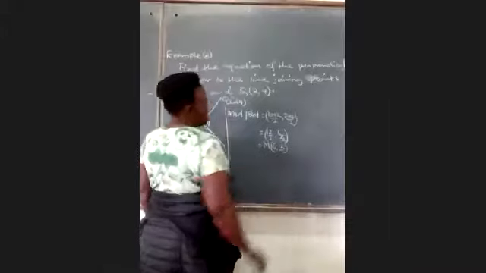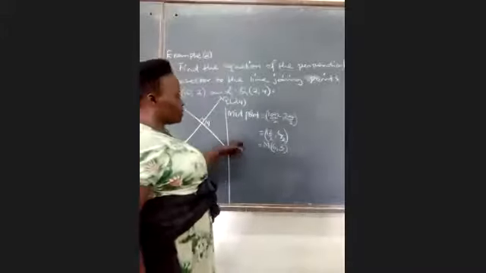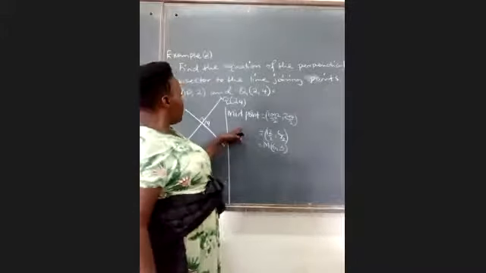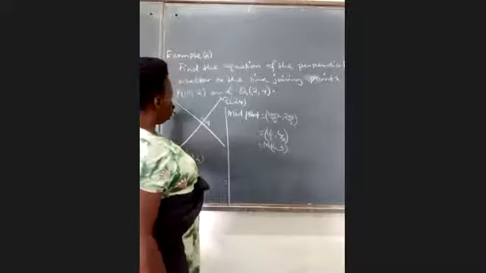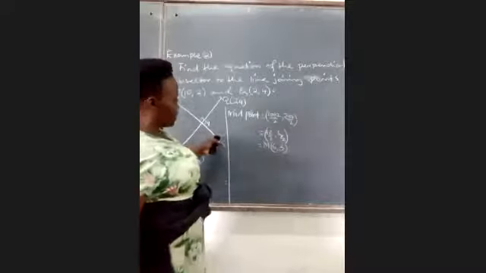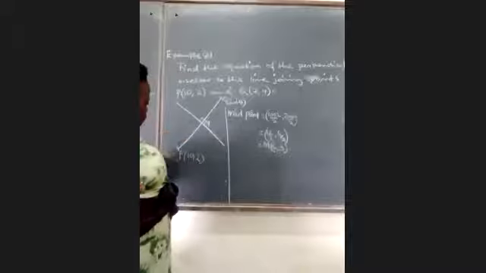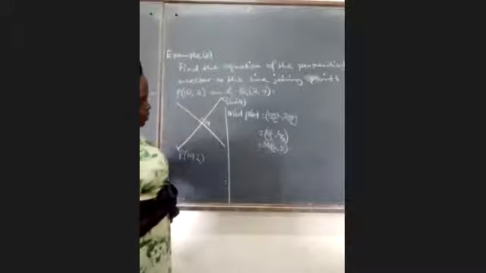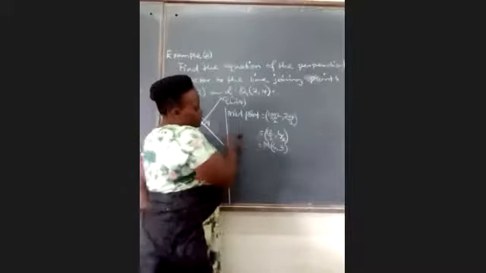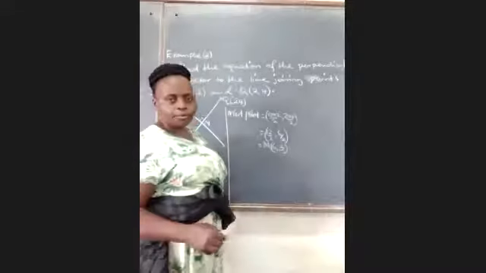M is equal to 6, 3. 12 divided by 2 is 6. Yes. So we have found the midpoint. Remember, we are looking for the equation of this line, which is perpendicular to this other line PQ. So we have found the midpoint. What is the next step?